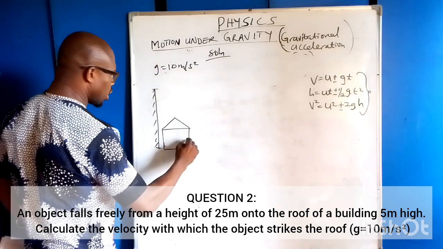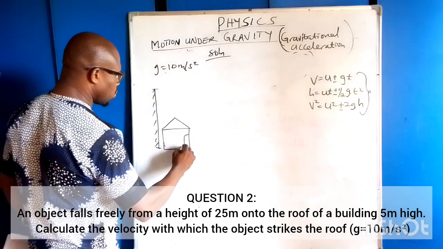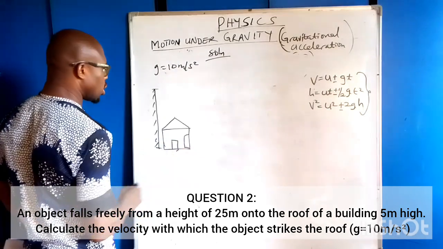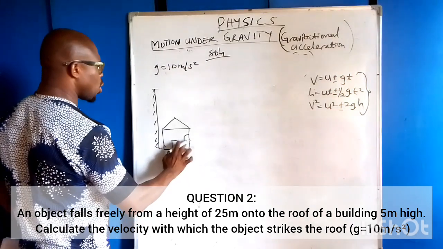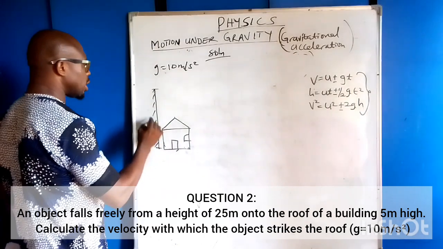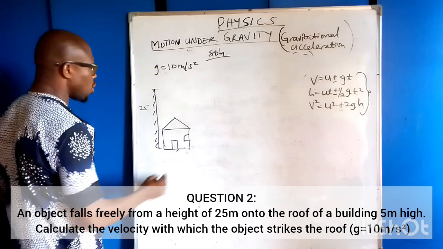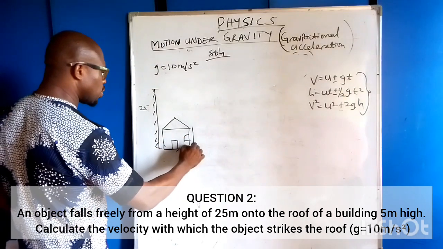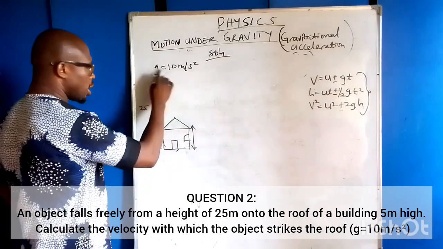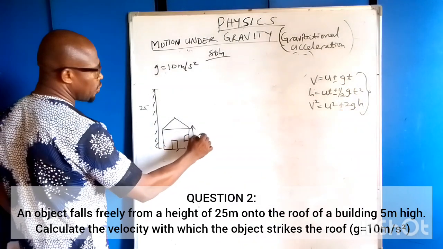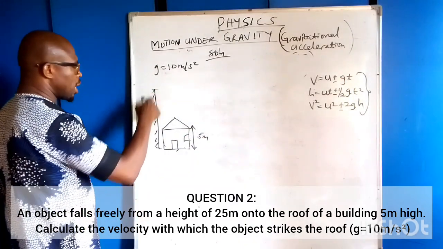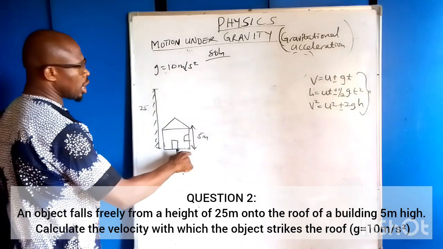Now we have that the entire height here is 25, while the height of this building, where the ball is falling, is 5 meters.